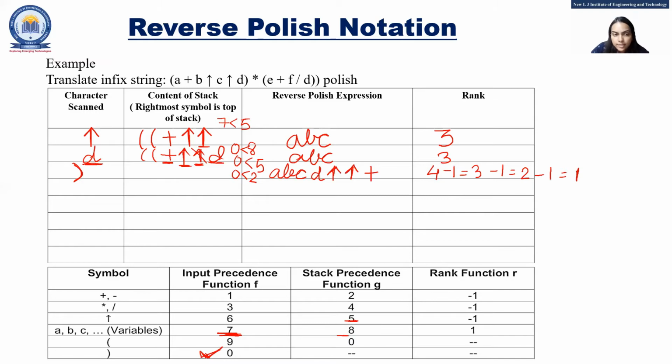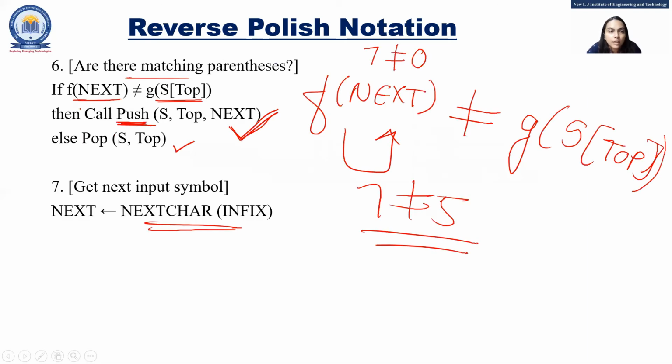Now see, students, this value. So opening braces has stack precedence 0 and closing braces has input precedence 0. So now 0 is equal to 0. In that case, what we have to do, if this is not equal, but in our case 0 is equal to 0, we will go in else and we will pop s of top.